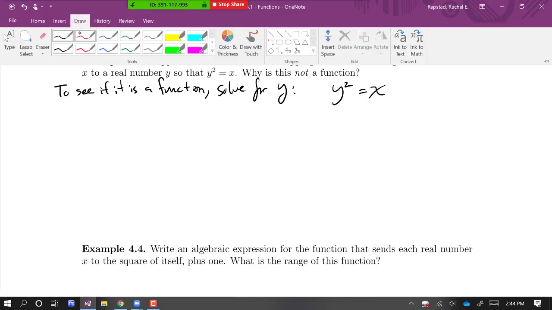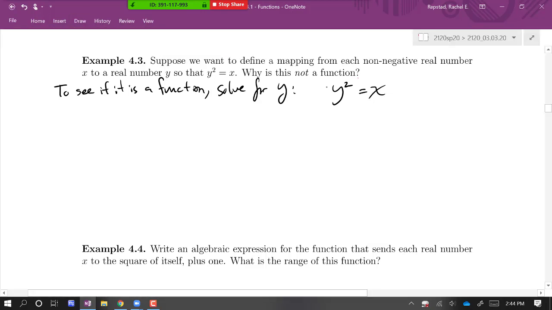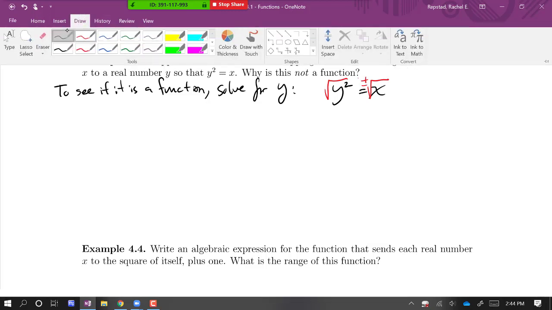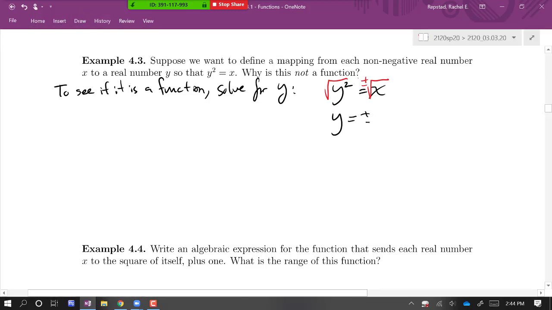Now this is something that Xavier brought up earlier, but if we want to solve for y, we have to take the square root. Anytime we are the ones imposing a square root on an equation, it's not there to begin with, but we're putting it there ourselves, we need a plus or minus. So in fact, y is plus or minus the square root of x. So there's ambiguity.